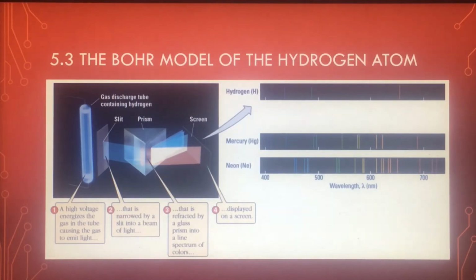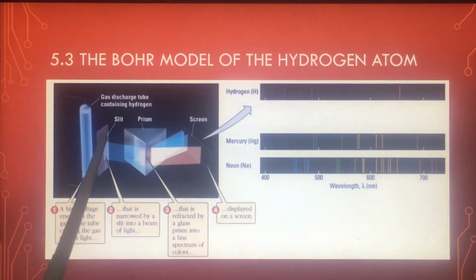Since the element now has, for example, this is hydrogen, if the hydrogen is excited, it will contain a quantized amount of energy, and if it emits that energy, it will also be in quantized form, in the form of light energy.